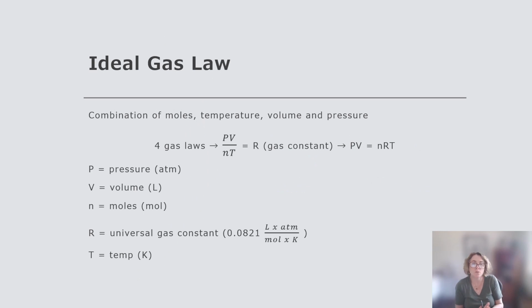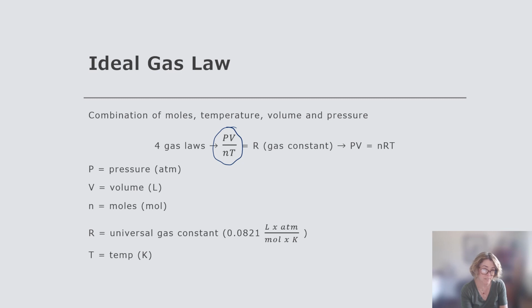Okay, so next we're talking about the ideal gas law. And when using the ideal gas law, we're looking at this combination of moles, temperature, volume, and pressure, and how all of these variables are related to each other. Now, if I put all 4 of my gas laws together, I get PV over NT.